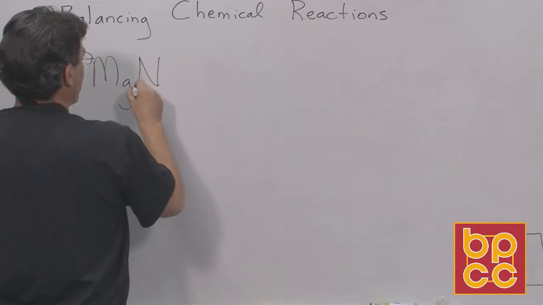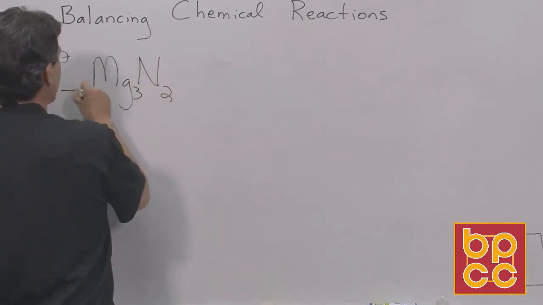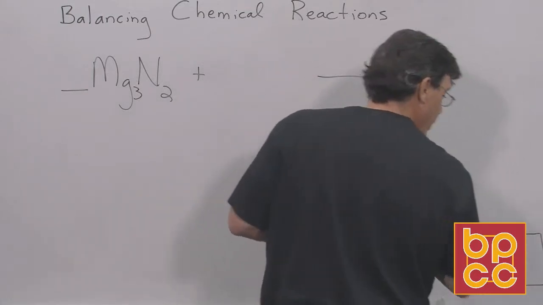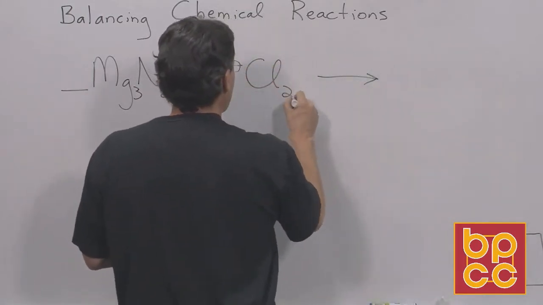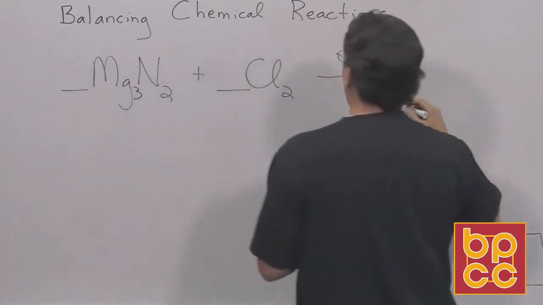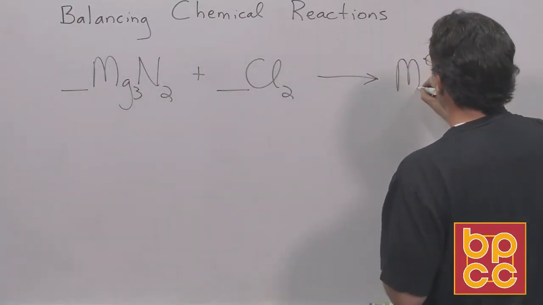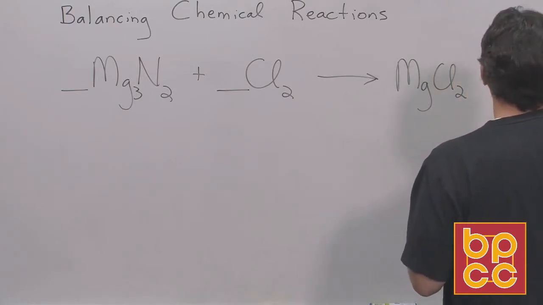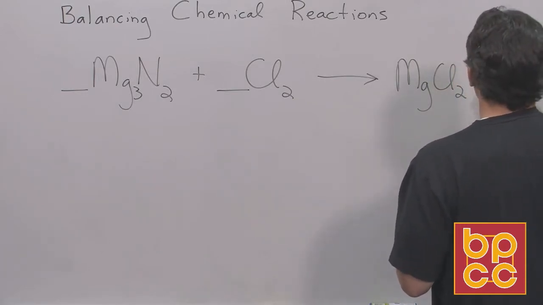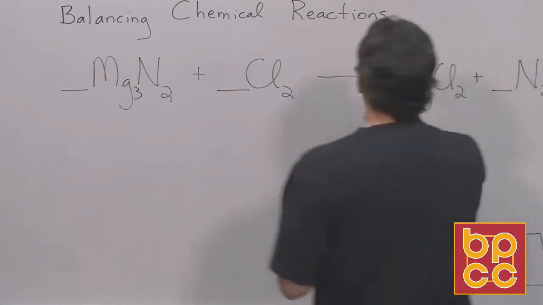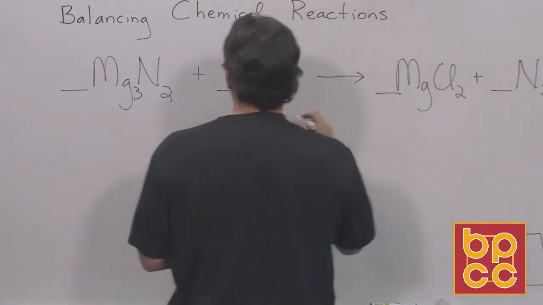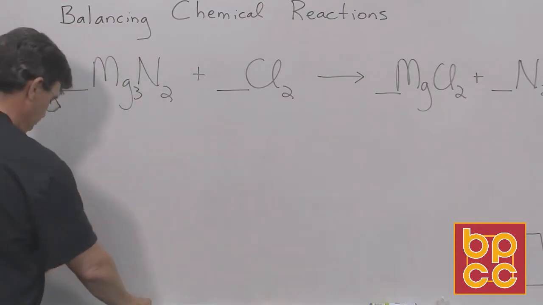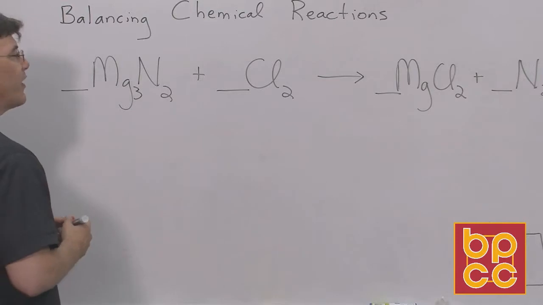Magnesium nitride, and we'll combine that with chlorine, and what we're going to get for product here is magnesium chloride and nitrogen gas. Okay, and we'll put our spaces out in front for our coefficients, just in case we're not balanced. Okay, well, we might be balanced to begin with. Let's take a look and see.